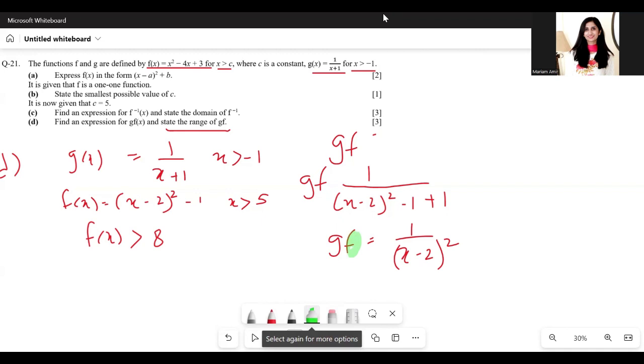And what was the domain of f? It was x greater than 5. Now let's substitute 5 here. We get 1 upon 3 squared, which is 1 upon 9. So one of the extreme values will be 1 over 9.